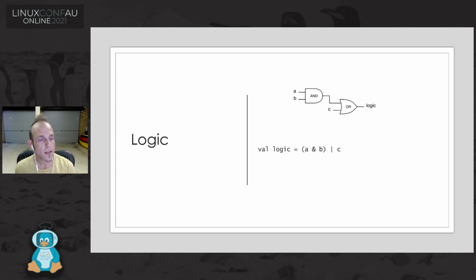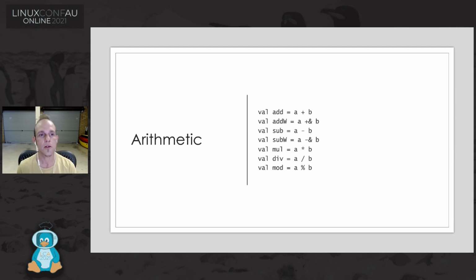So logic works much the same way as you'd expect in a software language, except this time you've just got to keep in mind that the thing that's actually getting created is hardware gates on a physical chip. But all the basic logic stuff's there, like and, or, not, all those kinds of logic gates. Arithmetic, all that stuff's there as well. So subtraction, addition, multiplication, and division.